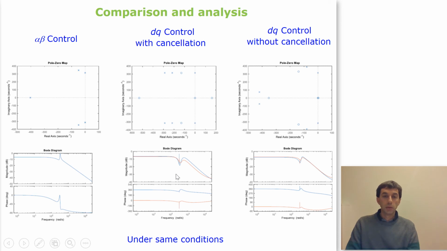Finally, the frequency response or the Bode plots are shown here for all these controls. It is quite curious that for the same frequencies, the same poles, the same gains are achieved in this control and this control.